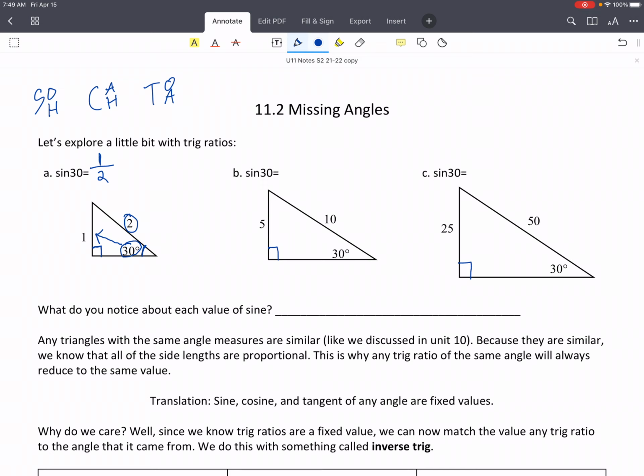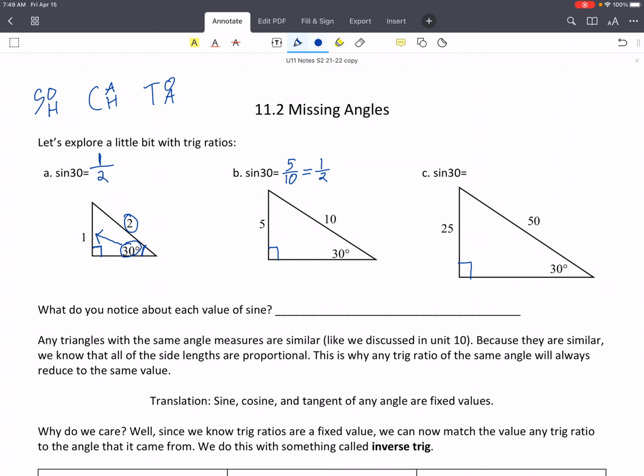All right. If you actually took that moment to hit pause and figure this out, you should have seen that for B, your sine of 30 would be 5/10, which simplifies to 1/2. That's curious.